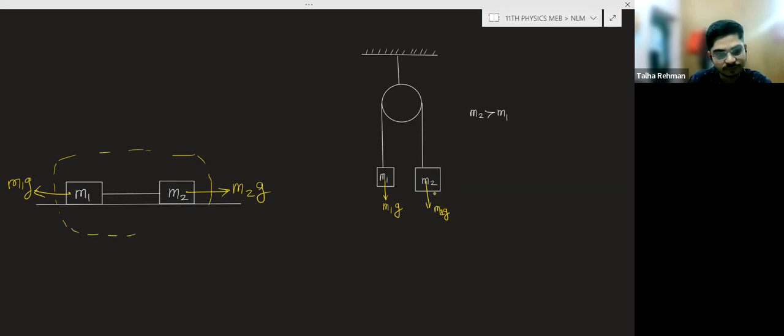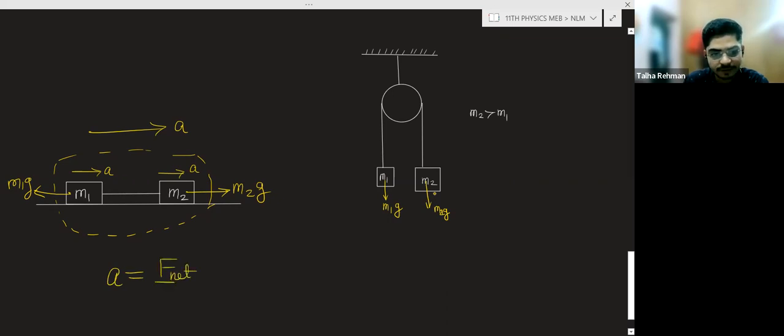I have told you what system means. This has one acceleration a in this direction, and this has the acceleration a in this direction, because m2 is greater than m1. So the whole system has the acceleration a. I have told you how to calculate the acceleration for the system: net force divided by net mass.